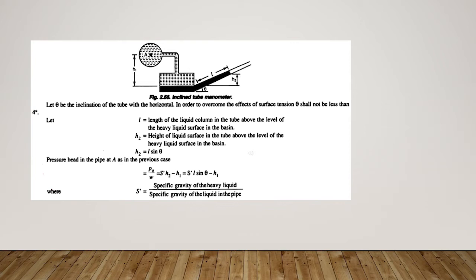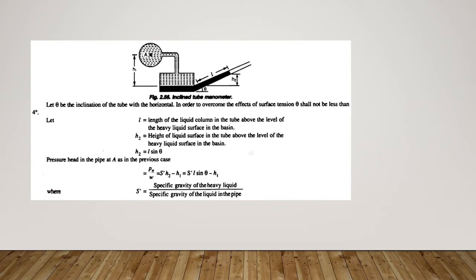The pressure head in the pipe at A, as in the previous case, is P_A over W equal to S prime (H2 minus H1), which is equal to S prime L sin theta minus H1, where S prime is the specific gravity of the heavy liquid over the specific gravity of the liquid in the pipe.